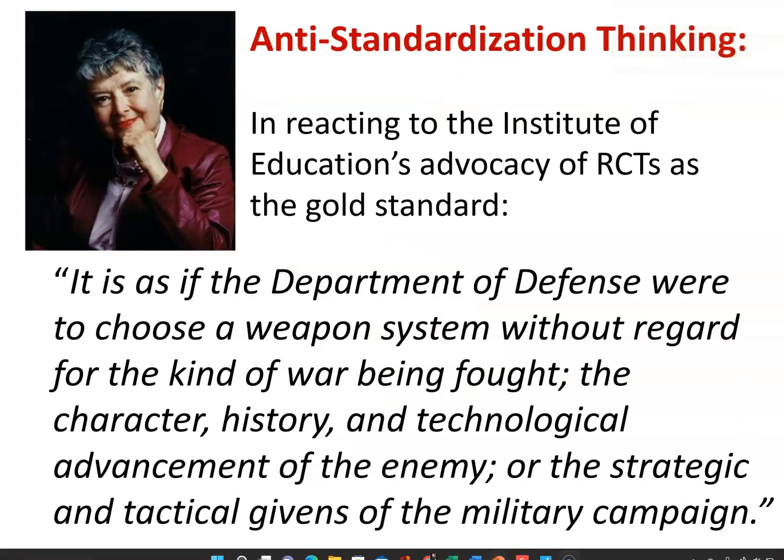Eleanor Chelimsky, in her attack on such thinking and the notion that one kind of method is superior to the others, in this case randomized controlled trials, said, "It is as if the Department of Defense were to choose a weapon system without regard for the kind of war being fought, the character, history, and technological advancement of the enemy, or the strategic and tactical givens of the military campaign."